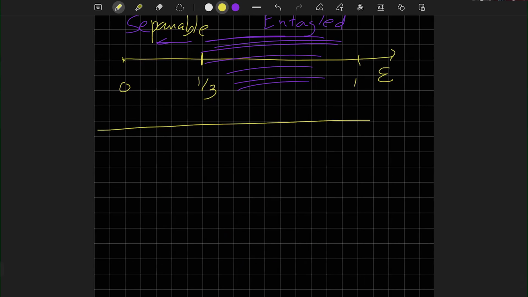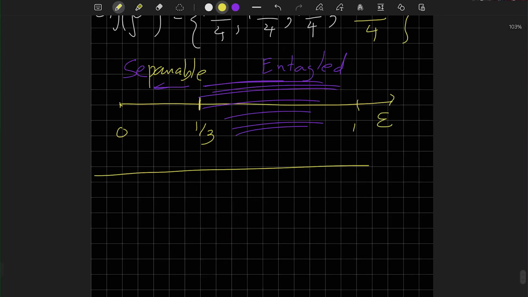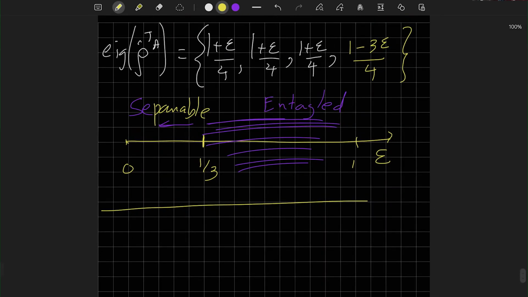I have a question. Is there any degree of entanglement? I mean, can you just say entanglement or not? So this is a binary test, whether there is entanglement or not. For the degree of entanglement, you need the concurrence. One simple thing to look at for 2 qubits is the concurrence.